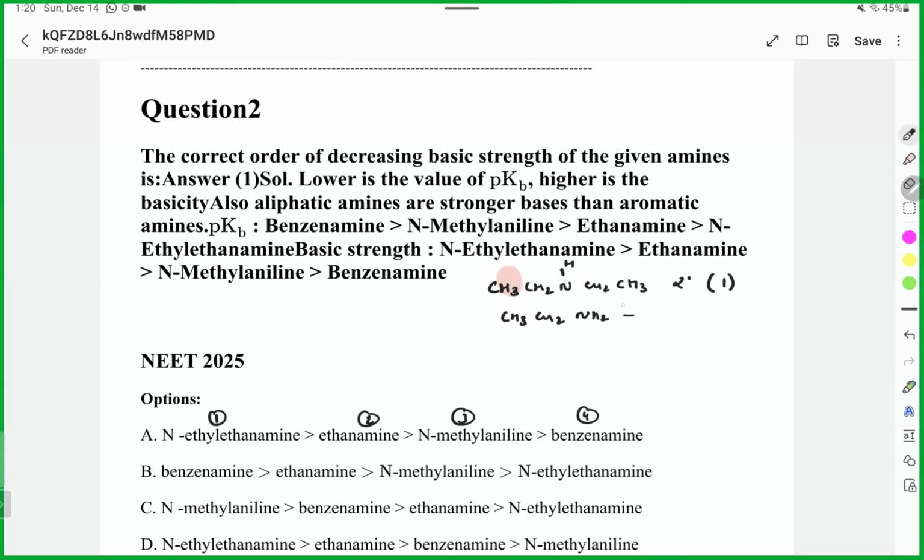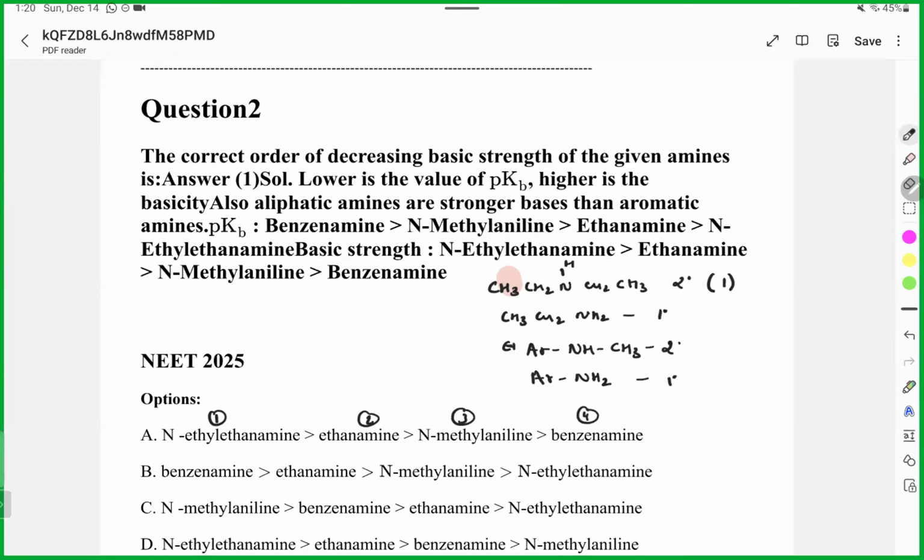And N-methyl aniline: benzene ring, NH, and methyl. It is secondary. And benzene amine, benzene and then amine, this is primary.